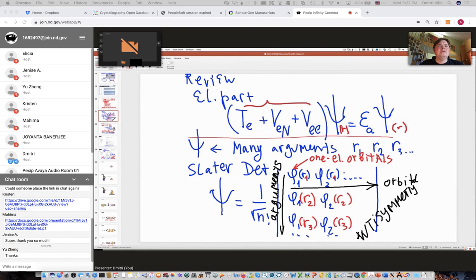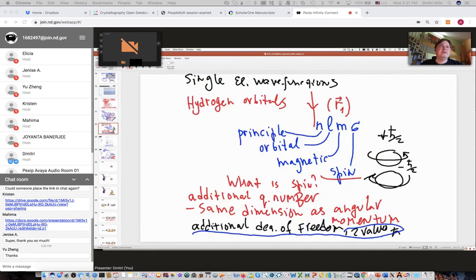And this big psi function is composed of smaller phi functions by taking a determinant. This form of taking the determinant is connected to the concept of spin.